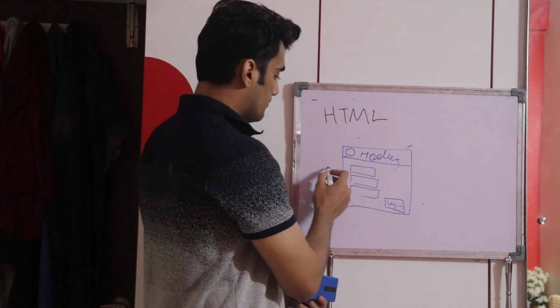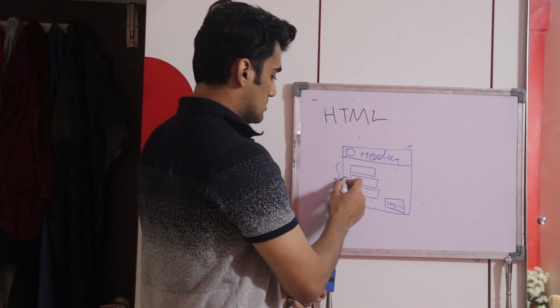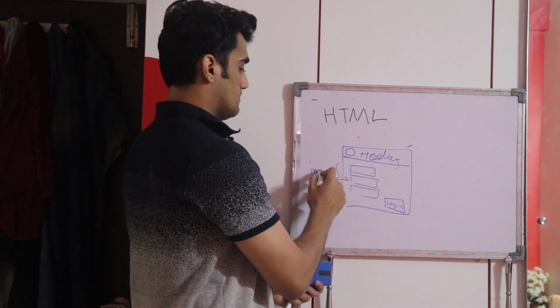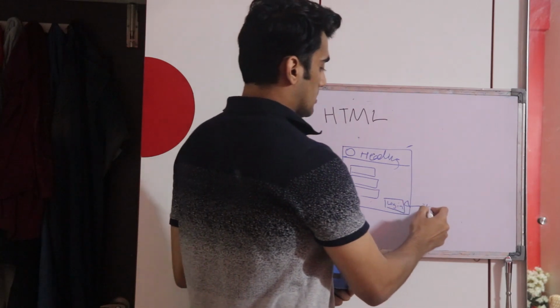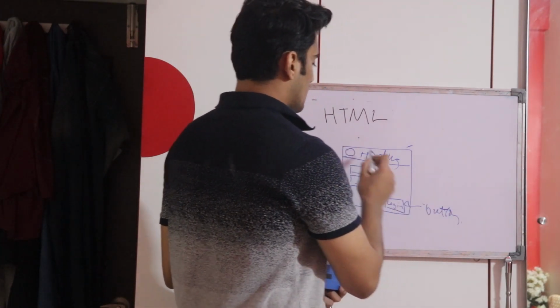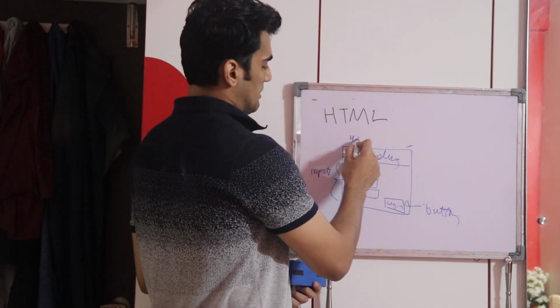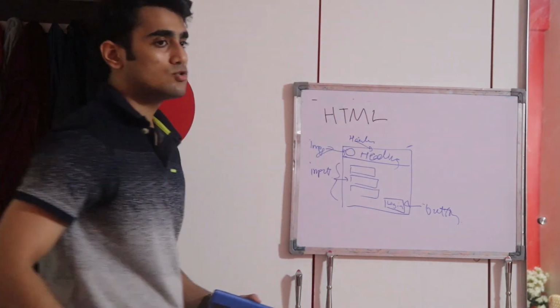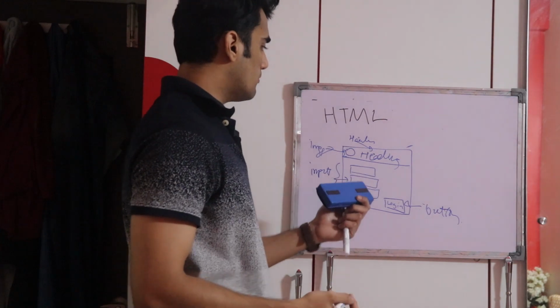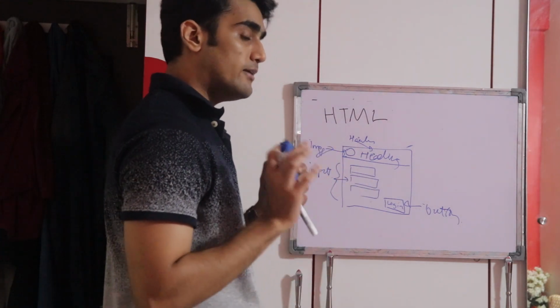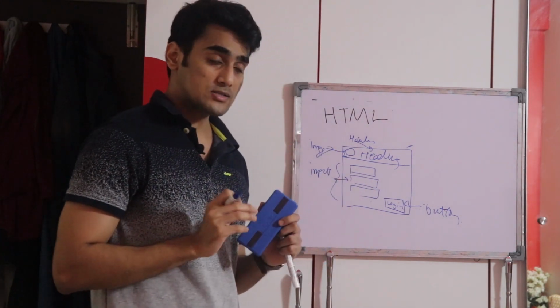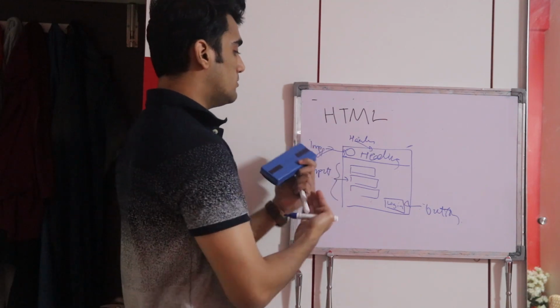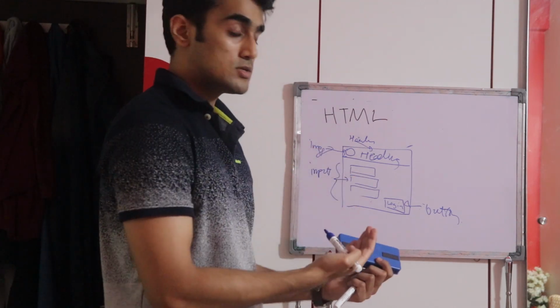So we have these three inputs: a button, a heading, an image. In HTML we have some standard and defined elements which correspond to each of these types of elements.